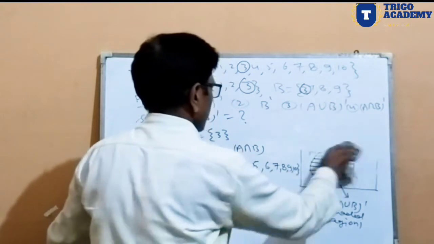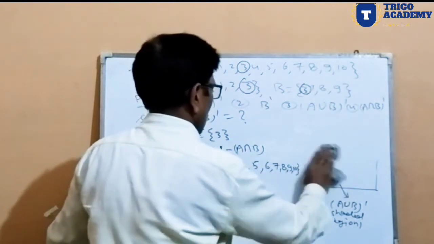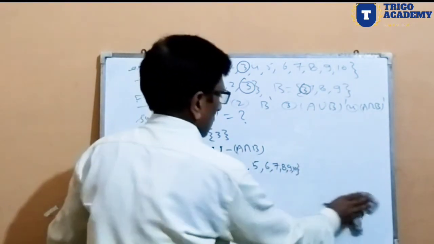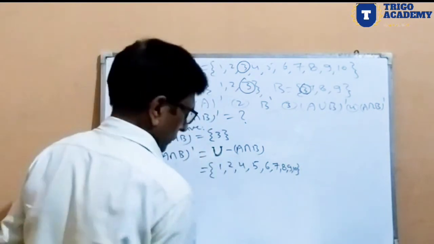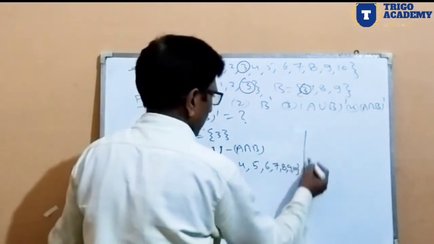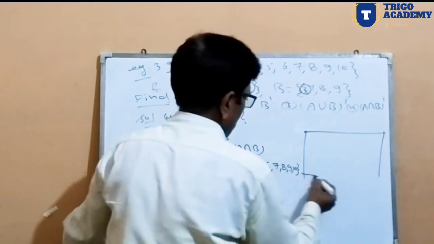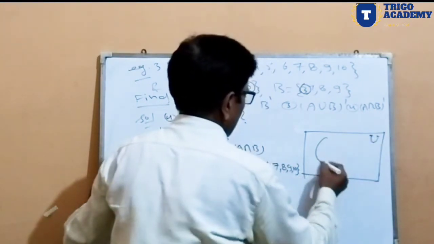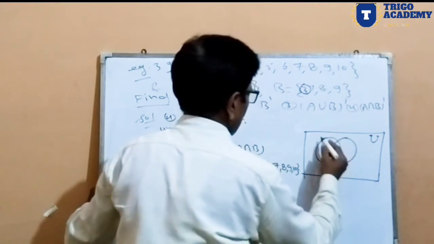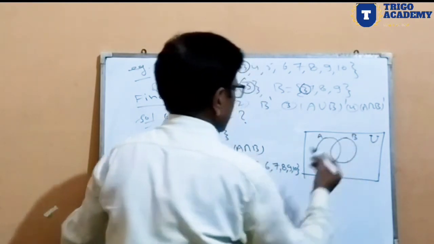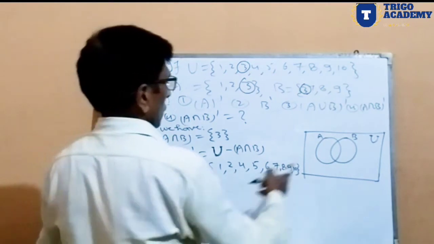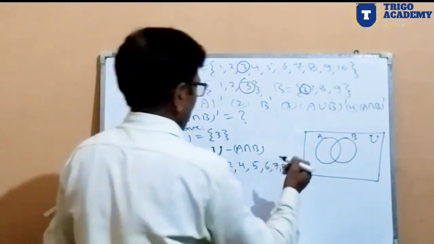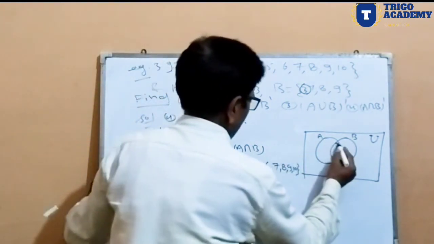In a Venn diagram, we can represent this situation this way. This is the universal set, and these are subsets of U. Then A intersection B is this portion.